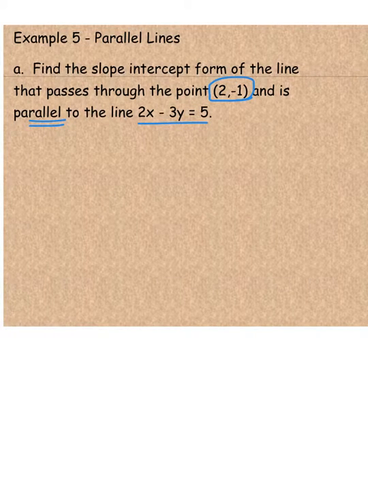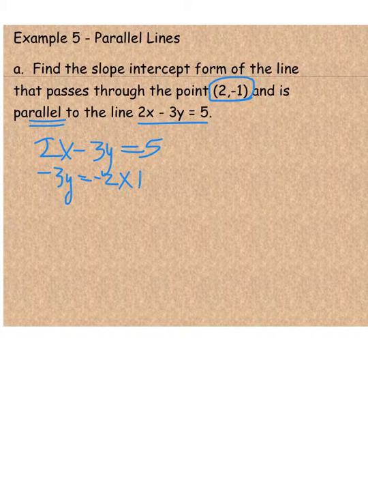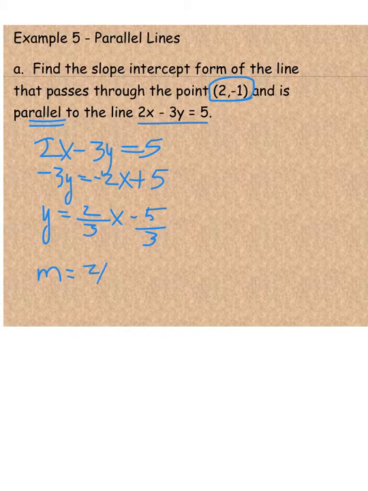So we want to put this equation in slope-intercept form. So we'll solve this for y, and y will be equal to 2/3 x minus 5/3. Our slope will be 2/3.